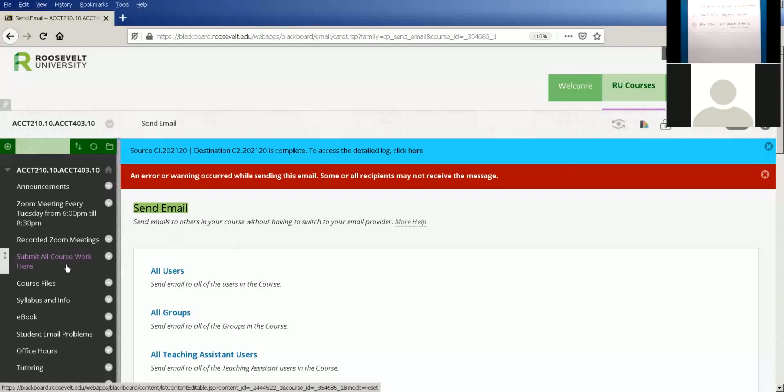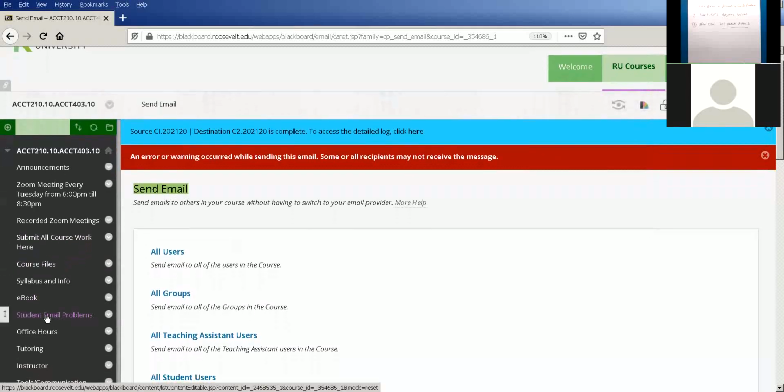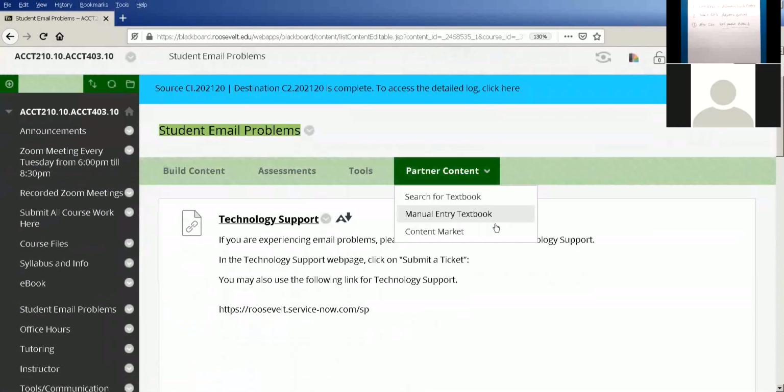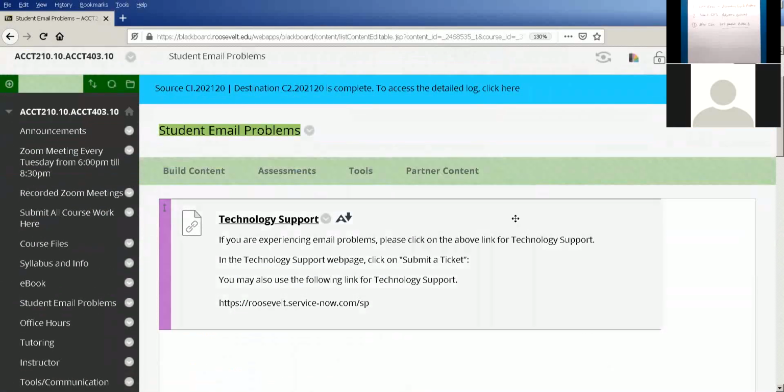Yeah, I do have a link. It's underneath the ebook on the left-hand side. Let me zoom in here a little bit. If you go down to here, student email problems, and if you're having these, and some of you obviously are because I'm getting error messages, go to technology support.